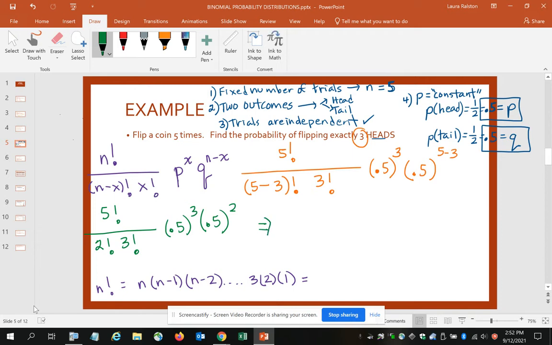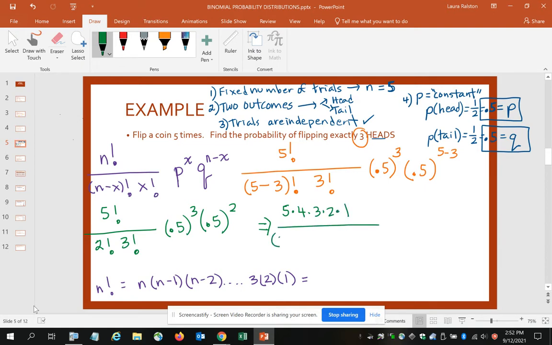Now, if you have a TI-83 or 84 calculator, possibly even just a basic handheld calculator, you may be able to do your factorials on your calculator. I'm going to try to do some simplification here just by hand. So it would be 5 times 4 times 3 times 2 times 1. That's 5 factorial.